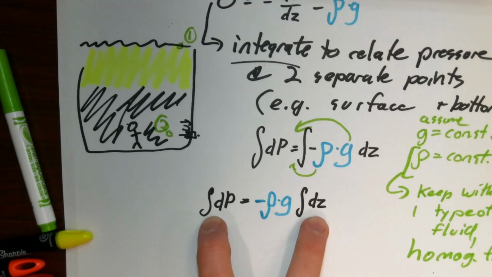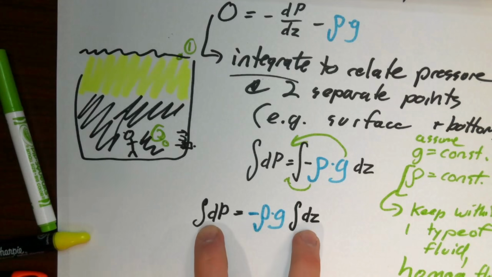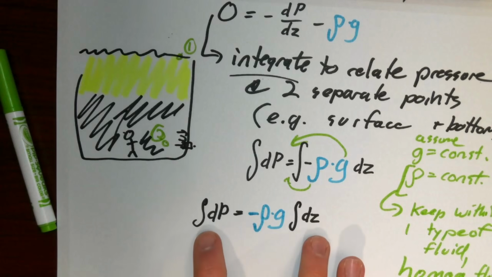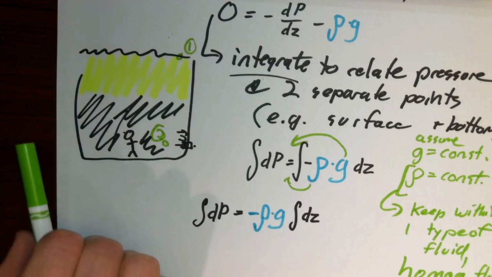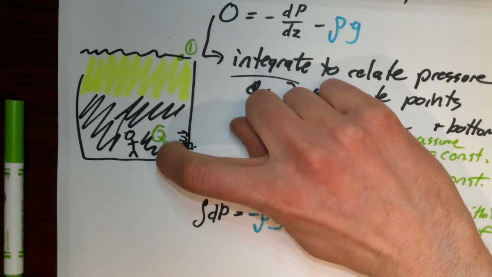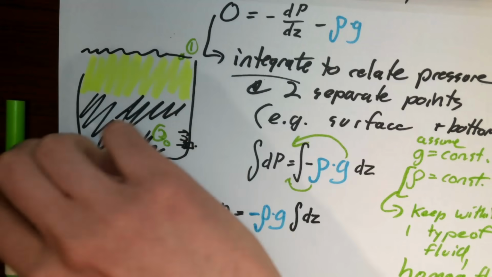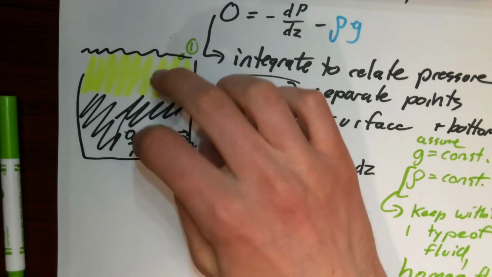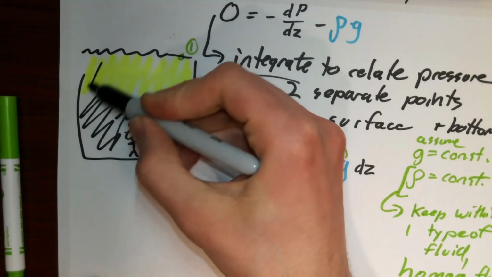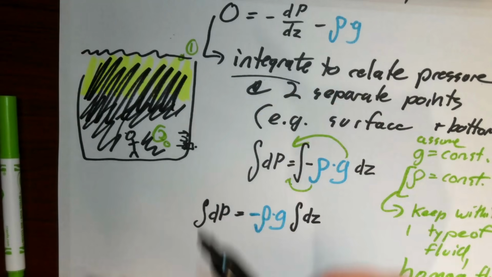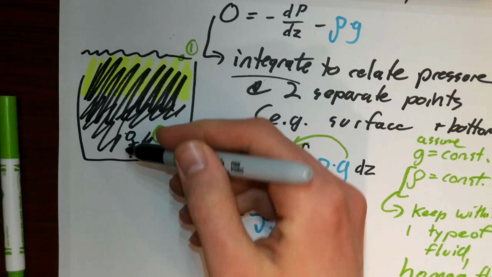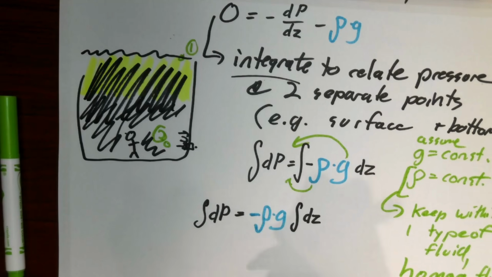So how can I set this up? Well, let's formulate these in terms of definite integrals. So let's say I have point 2 and point 1, and I'm not dealing with the case where it's oil and water. Let's just say the whole thing is water, or the whole thing is some homogeneous fluid, and I was able to safely assume that, right?